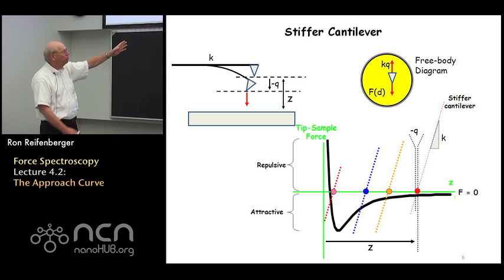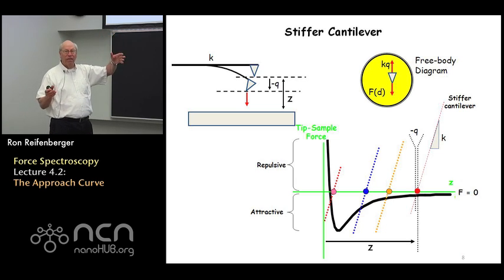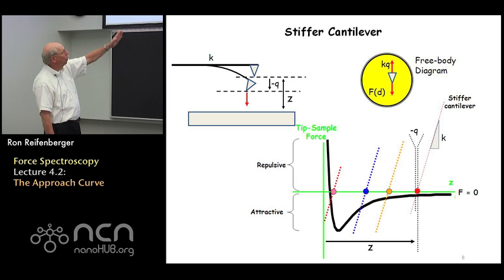You set that experimentally by your AFM instrument. You'll position the tip with respect to the substrate at some arbitrary value of z, right? And now in this case, we have a stiff cantilever, so the slope of that straight line that's going to govern the motion of the cantilever has got a much higher value to it than it did in the previous slide.